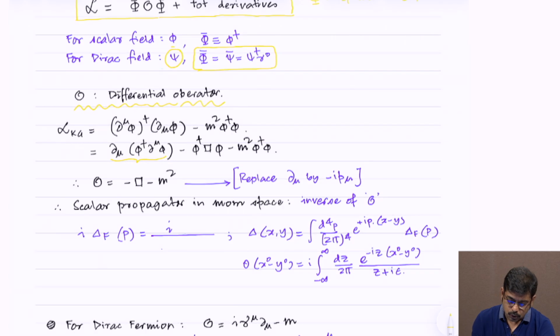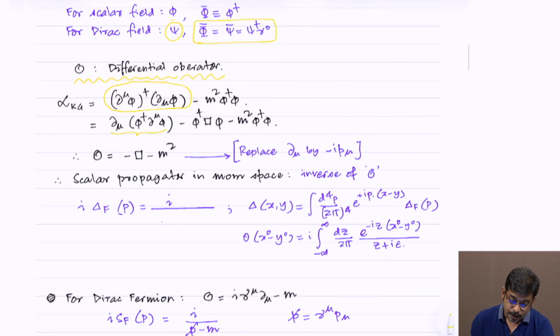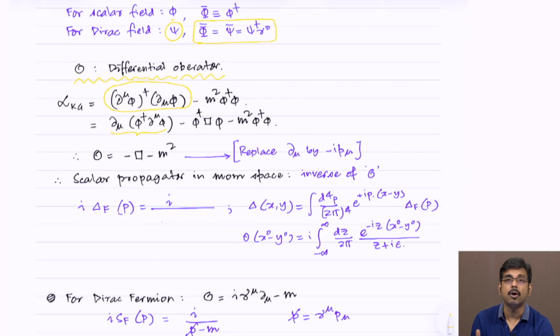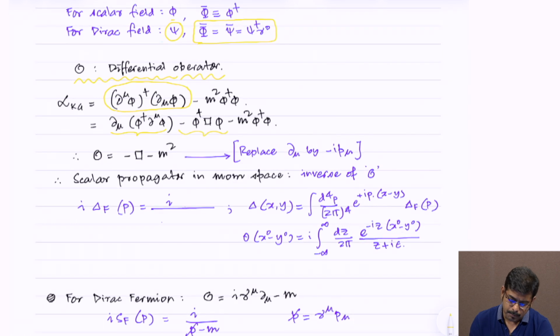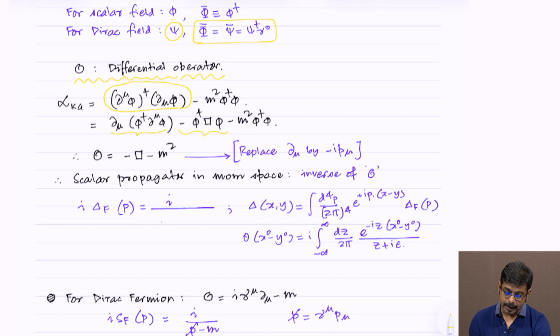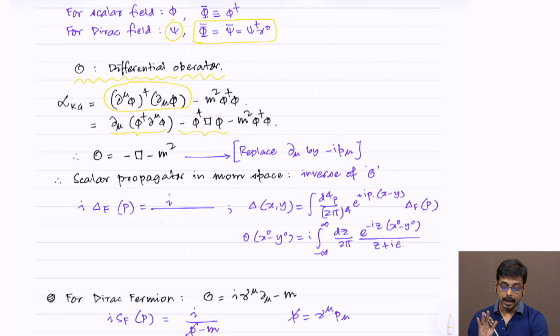One term is the kinetic term for the scalar fields, del mu phi dagger del mu phi, and the other term, phi dagger box phi, is not actually there in the Lagrangian. So we have to subtract it: minus phi dagger box phi minus m square phi dagger phi. This is how we can write it.